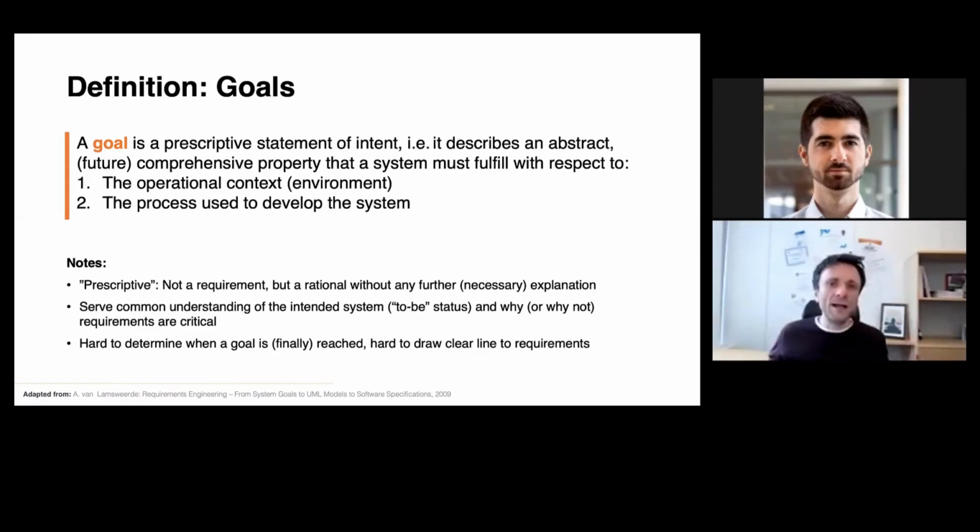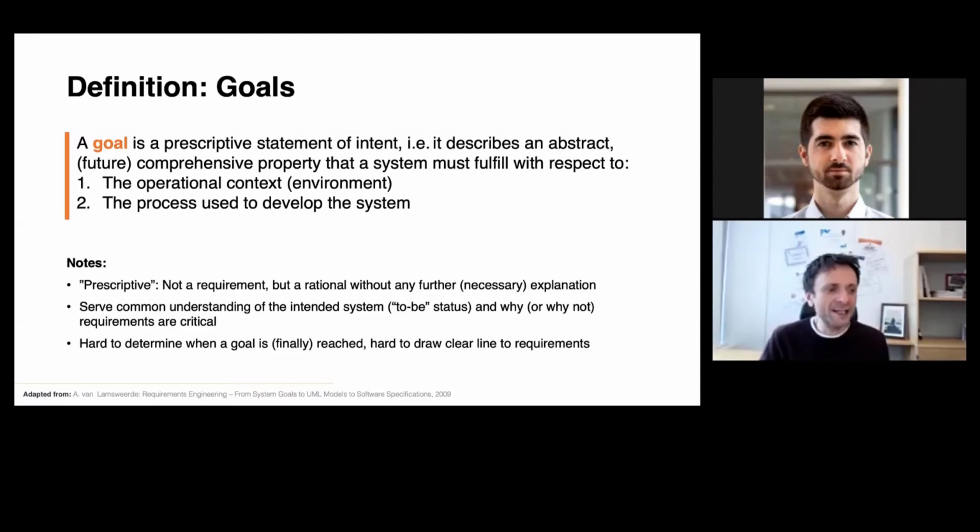And goal models help us understanding what this to-be future status should be. So with this, we define a certain corridor in which we can still freely navigate. Think about the example, the system shall be secure. There are many ways to achieve this security, but this is what we describe typically with goal models.